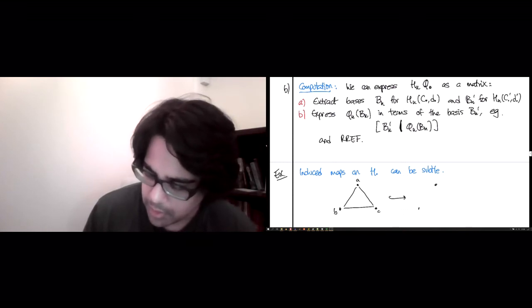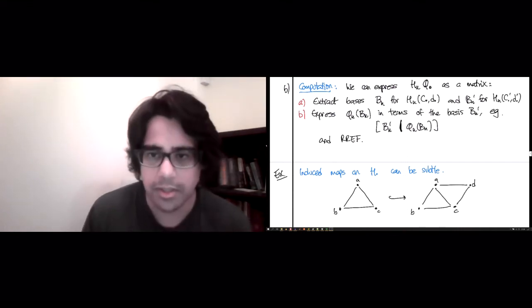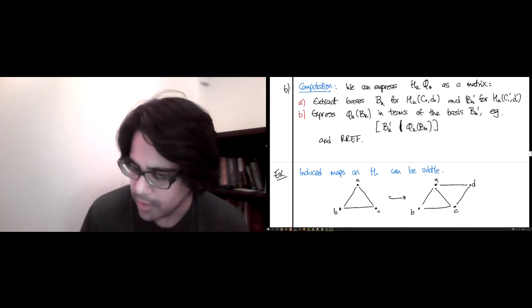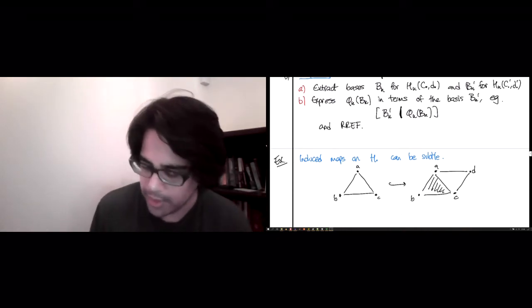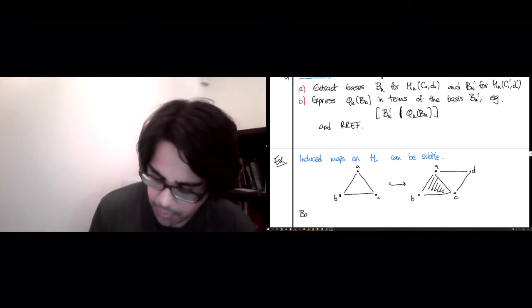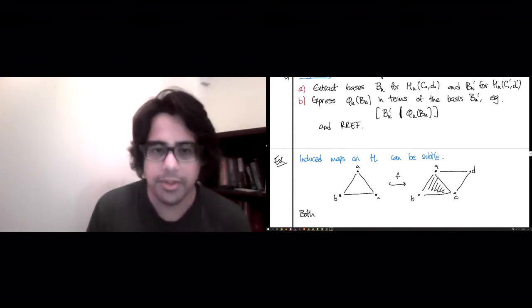This includes into the slightly larger simplicial complex here, but let's say we add a 2-simplex there. And so this is your map, simplicial map F.